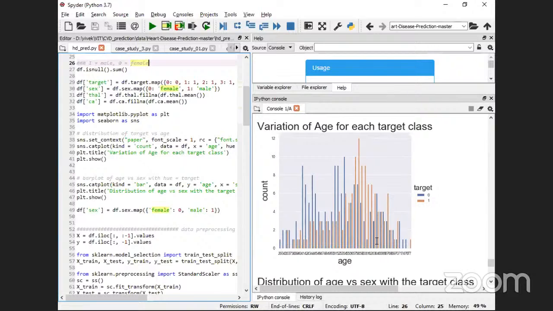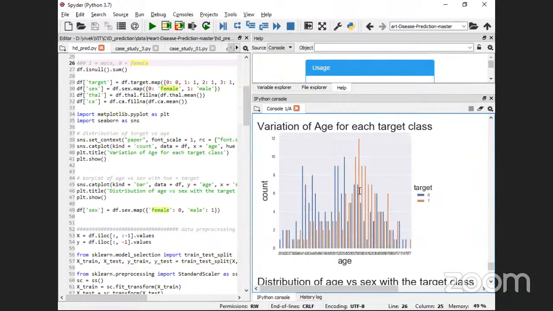Now you can see this age group, somewhere between 58 to 62, or you can also take a wide range, between 40 to 60 or more, with presence. Right? So between 29 to 77, that's the variation they have taken in the study. And here you can see presence and absence of heart disease.